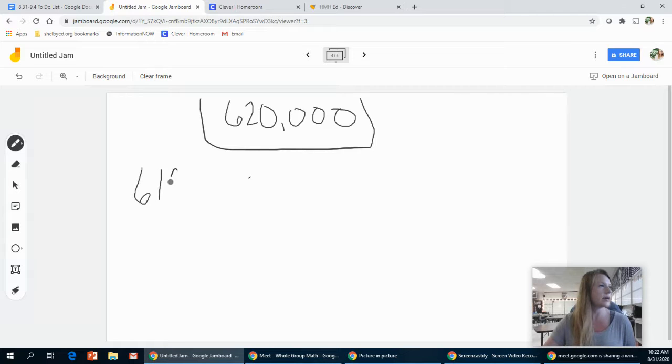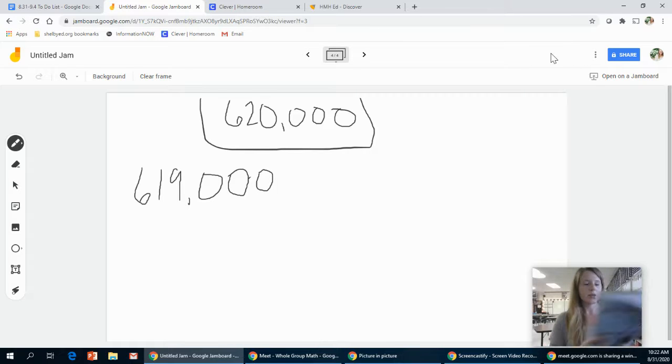619,000. All right, we have to remember which place we're rounding to, and you should have circled it. We are rounding to the nearest 10,000s place. So let's underline the 10,000s place. Here are our ones, tens, hundreds, thousands, 10,000. So our 1, okay? We have to decide if that 1 is rounding up or rounding down. The number next to it is what tells us to round up or down.